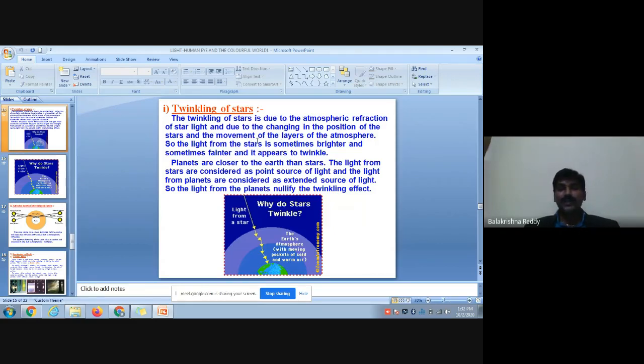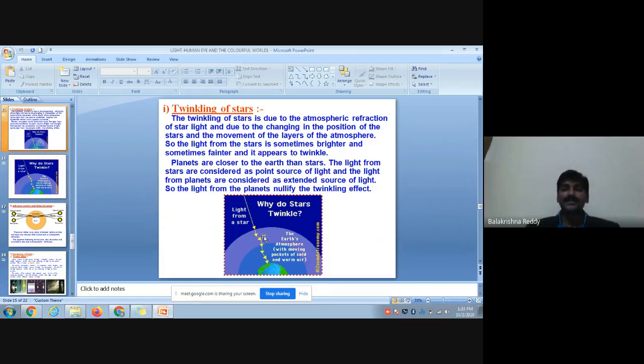Twinkling of stars. Why do stars twinkle? Obviously, stars are luminous objects at a longer distance, and through refraction, it becomes so much longer. So when the light is coming from the longer distance, it appears to us through the atmosphere in the form of blinking or twinkling.